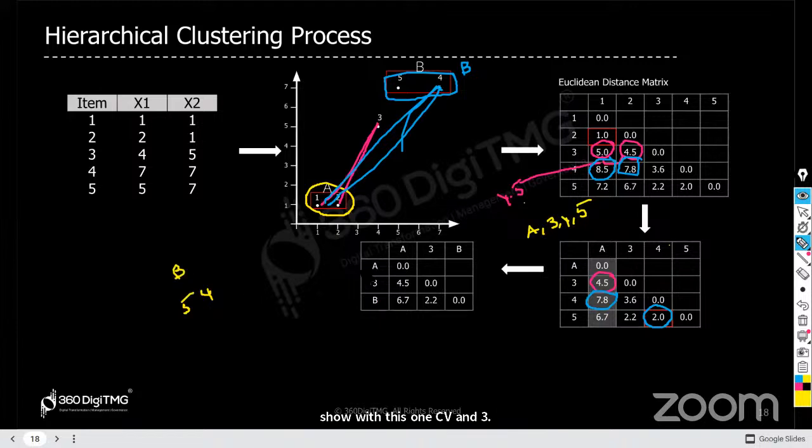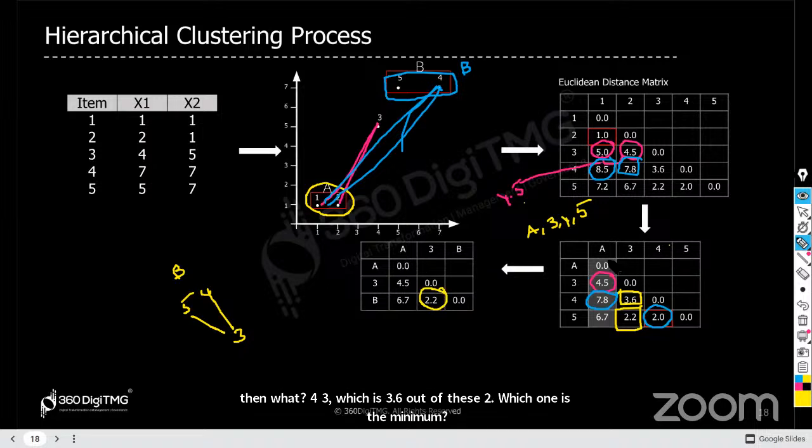So I have to calculate between 3, 5 and 4, 3. 3 and 5 is 2.2. And then 4, 3 is 3.6. Out of these two, which one is the minimum? 2.2 is the minimum. That is how you will calculate the distance.